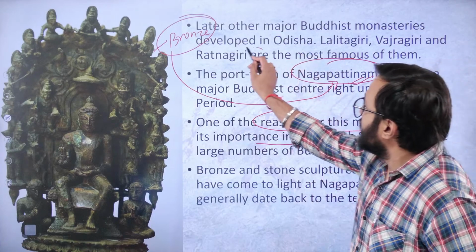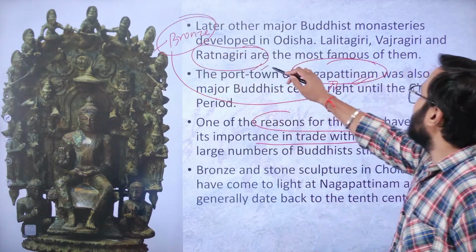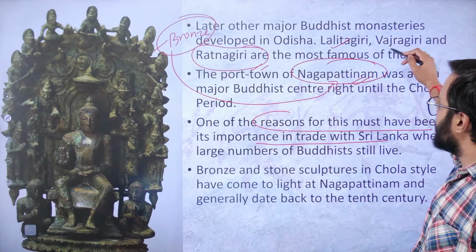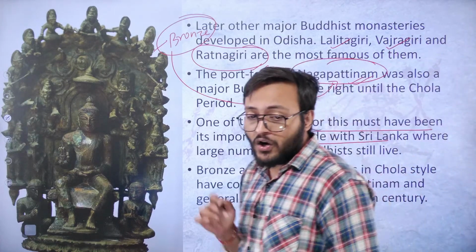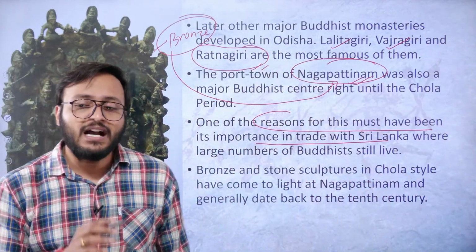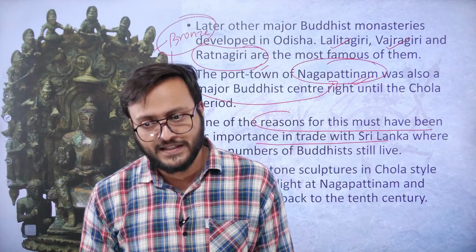Guys, the areas like Ratnagiri, Lalitagiri, Vajragiri, they are all present in Odisha, and they are all the centers of great Vajrayan and Mahayana traditions of Buddhism.